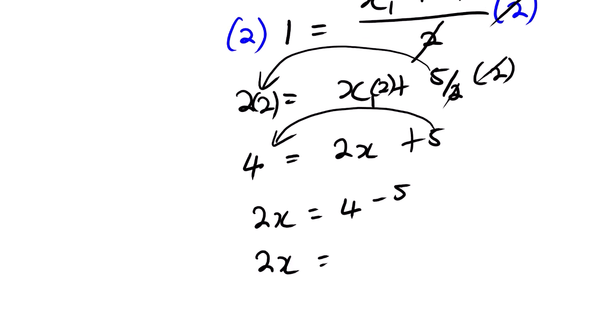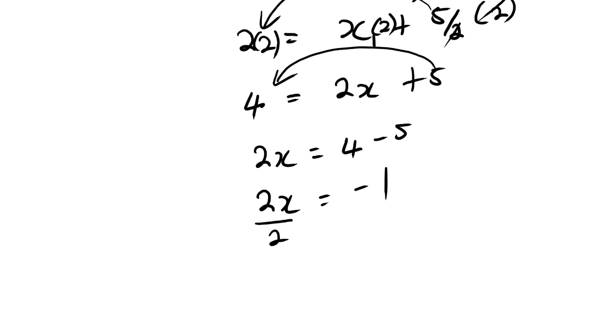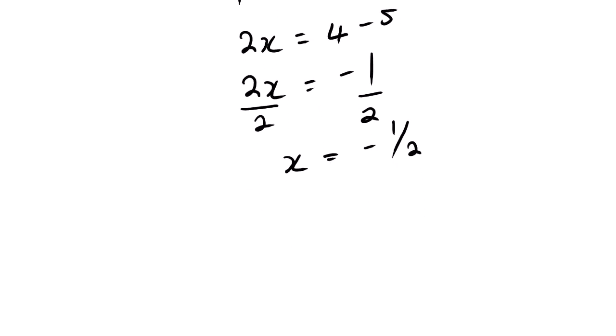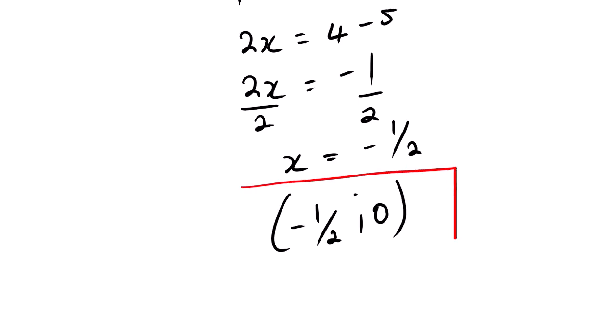We have 2x equals -1. We divide both sides by 2. So our other x-intercept is actually -1/2, 0. You can just figure this out without further calculations. As you can see, the mark allocation is 1.